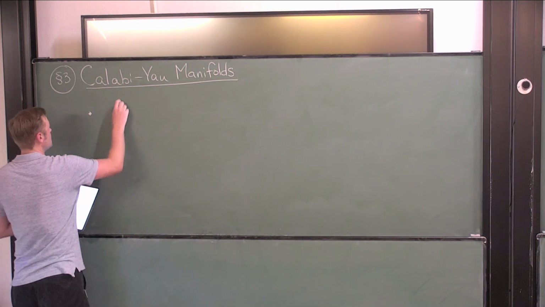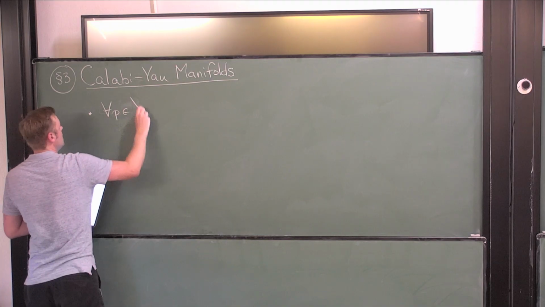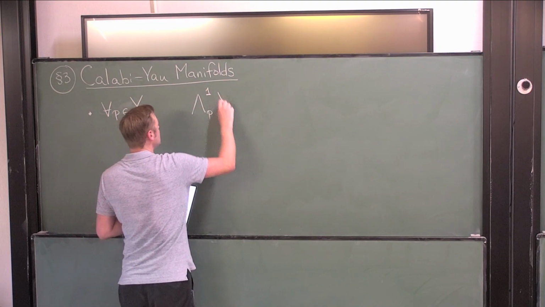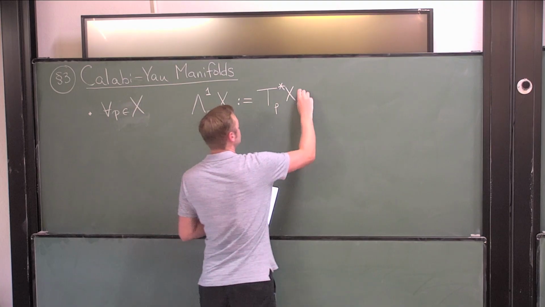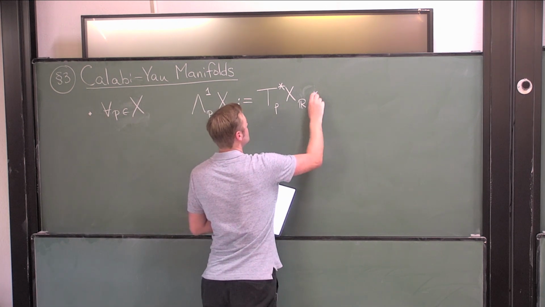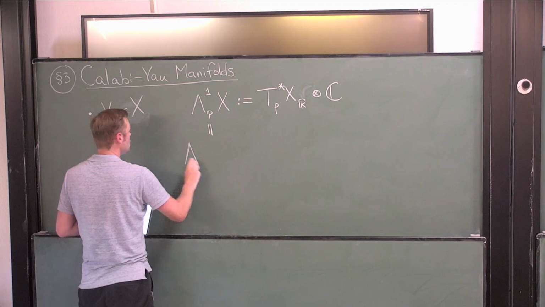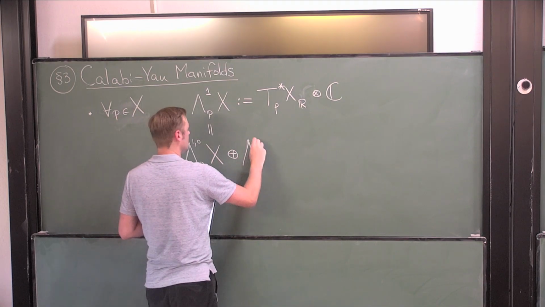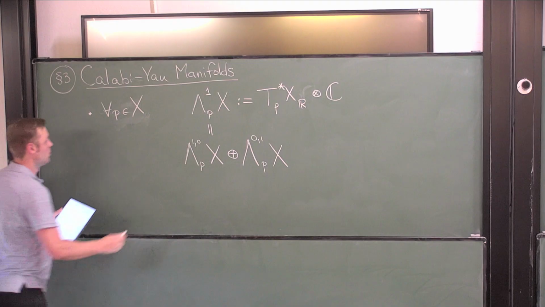Remember that I introduced this notation: for any point P, if I have a complex manifold X, we have this Λ^1_P(X), the complexified cotangent space of the real manifold underlying our complex manifold X. This decomposes into 2 complementary spaces, which I called Λ^{1,0}_P(X) and Λ^{0,1}_P(X).